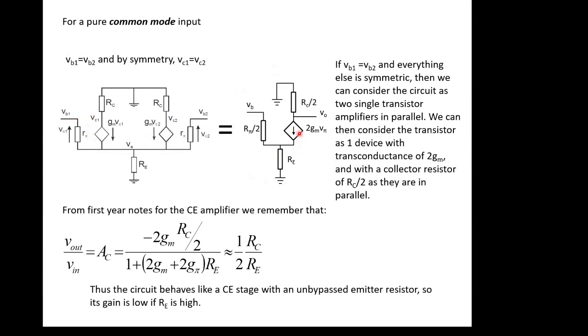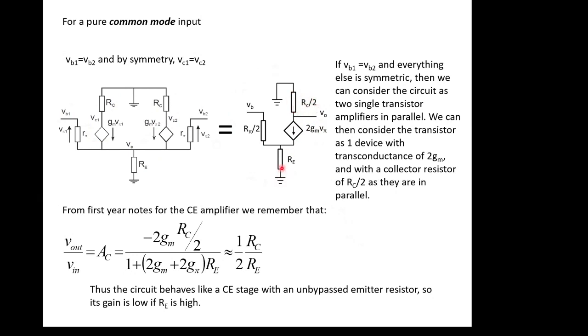And this, when we start to look at it, looks just like a common emitter stage, but with an unbypassed emitter resistor. And if we remember going back to the first year, we can get a rough estimate of the gain of this as being RC over RE, effectively. In this case, it's RC over 2, because RC has become RC over 2.